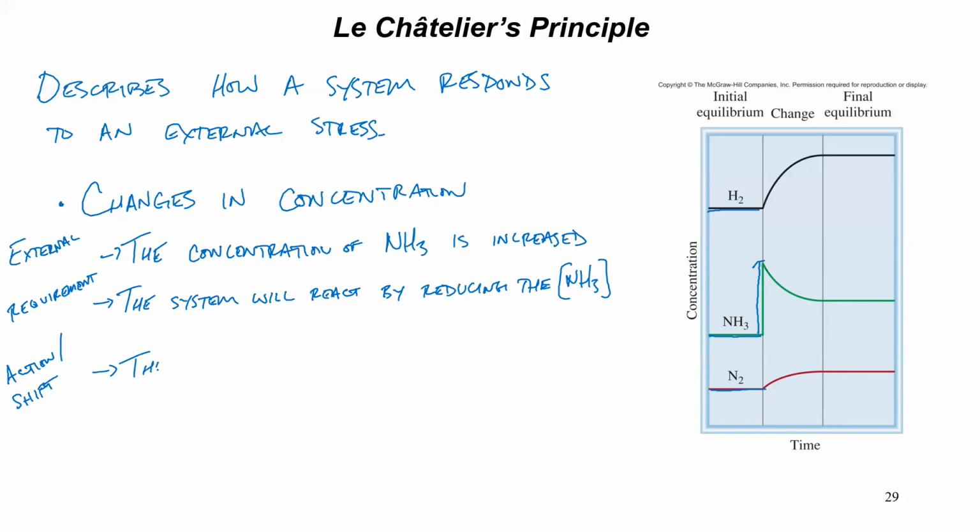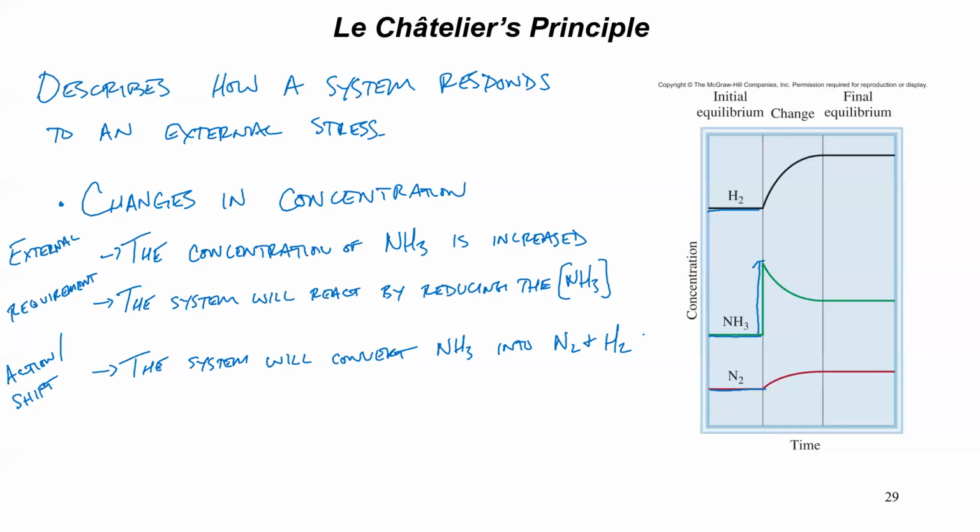The system will convert ammonia, NH3, into nitrogen and hydrogen. Now, just given this graph, we don't know whether ammonia was a reactant or a product.